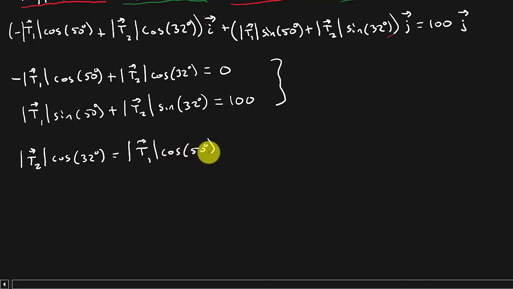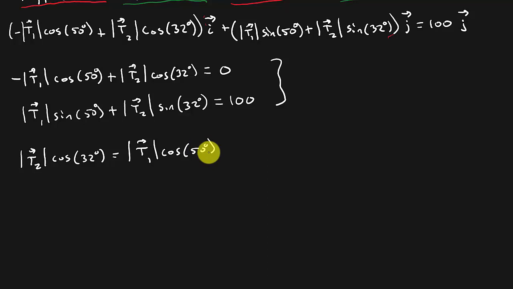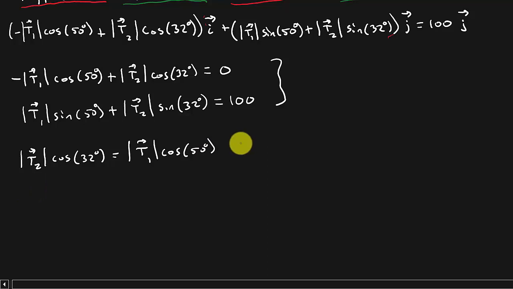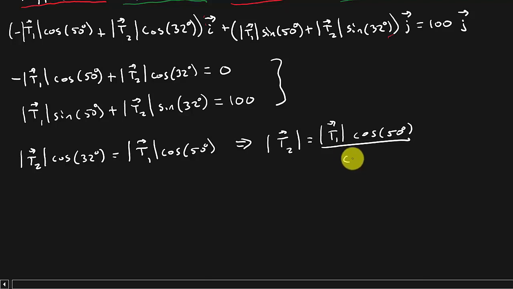All right, and so what is that going to give me? Well, this tells me that T2 is equal to T1 times cosine 50 over cosine 32. So you just divided both sides by cosine 32.